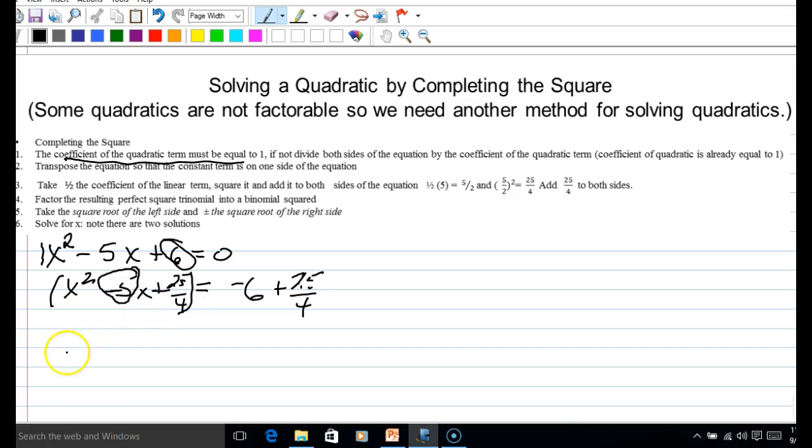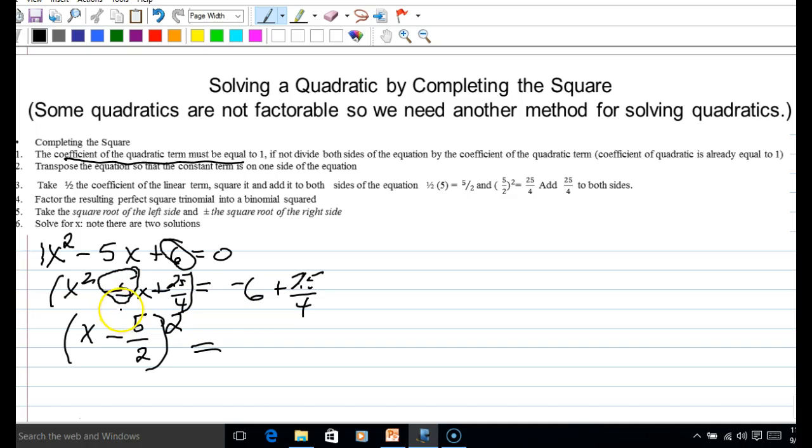This perfect square trinomial factors into the square root of the quadratic term, square root of x squared is x, the square root of the constant term, the square root of 25/4 is 5/2, and use the sign of the linear term. So this is a perfect square trinomial that factors into a binomial square. In other words, the quantity x minus 5/2 times the quantity x minus 5/2 would give you this expression here.